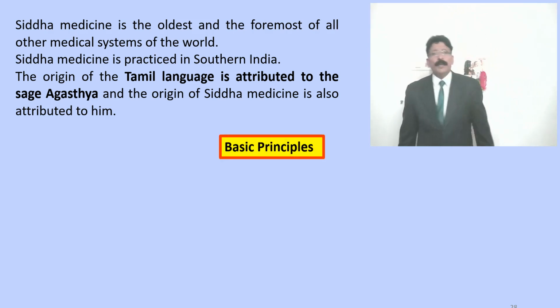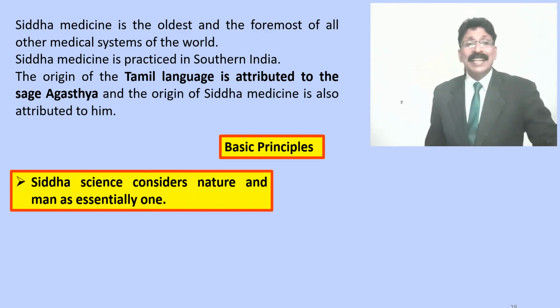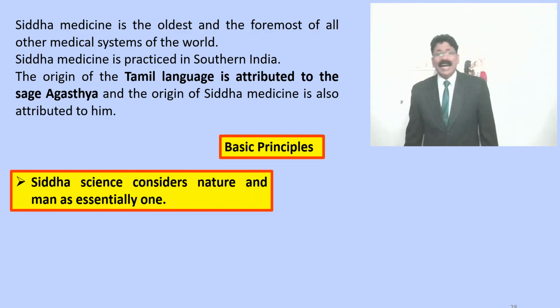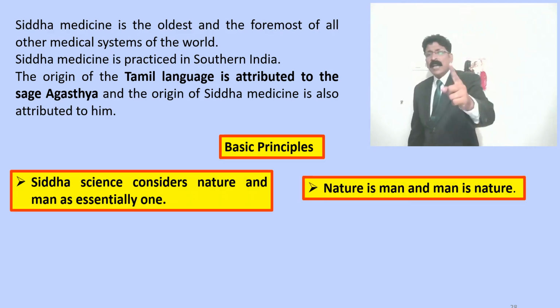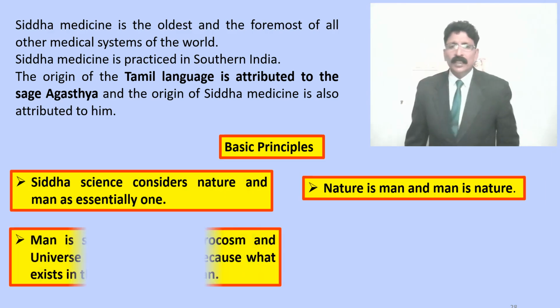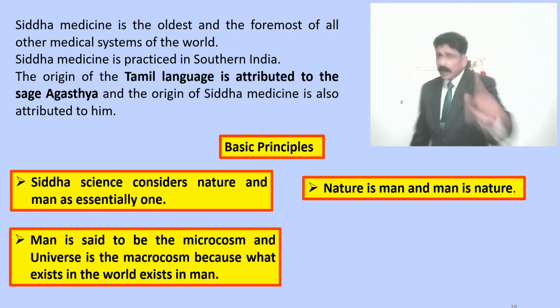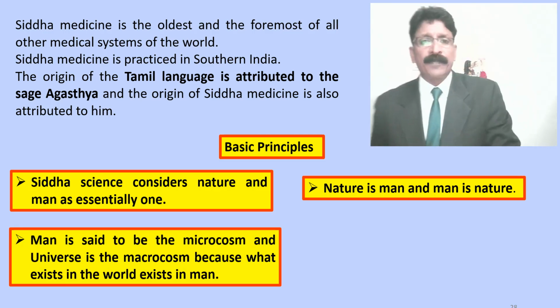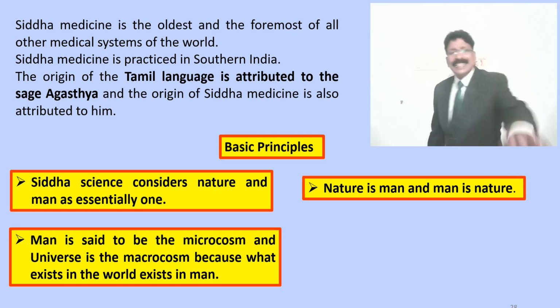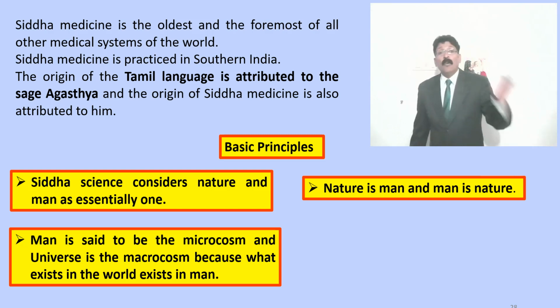Basic principle: Siddha science considers nature and man as essentially one. Nature is man and man is nature. Man is said to be the microcosm, and the universe is said to be the macrocosm, because what exists in the world exists in man.